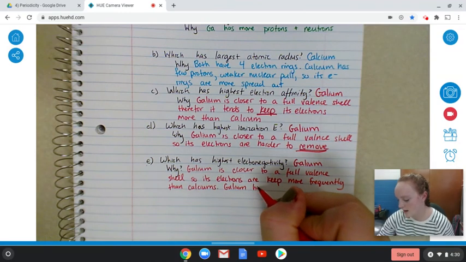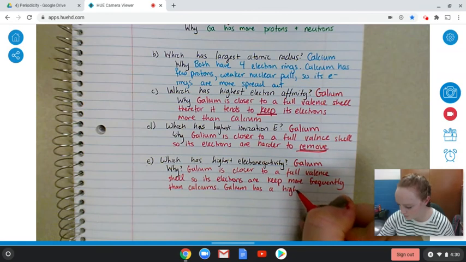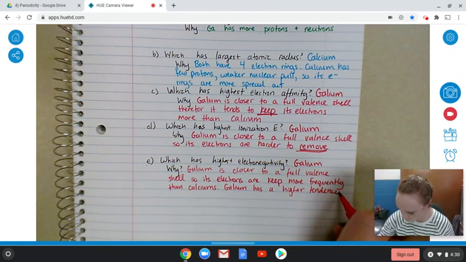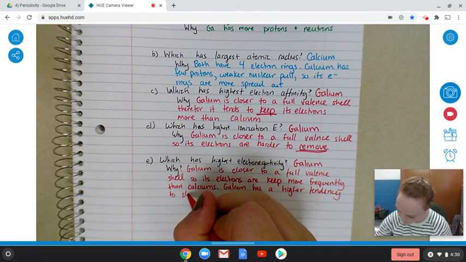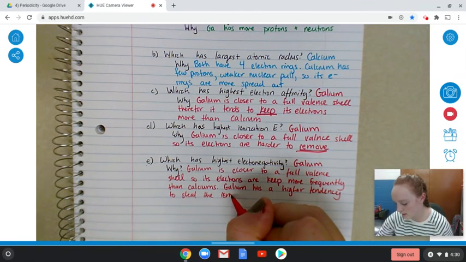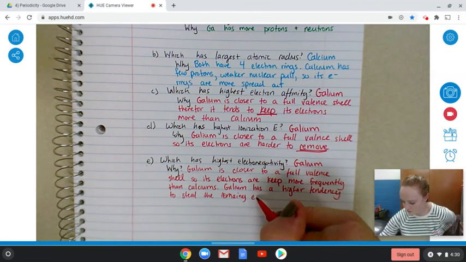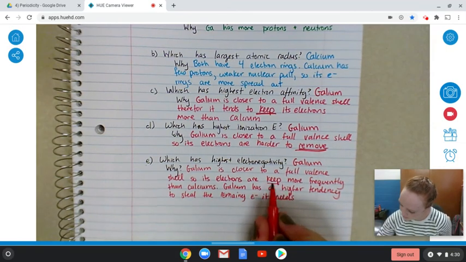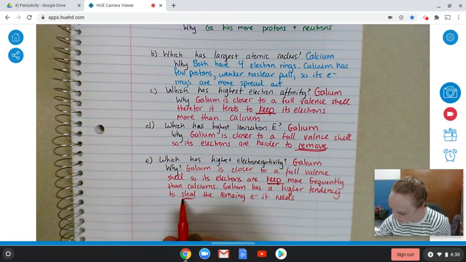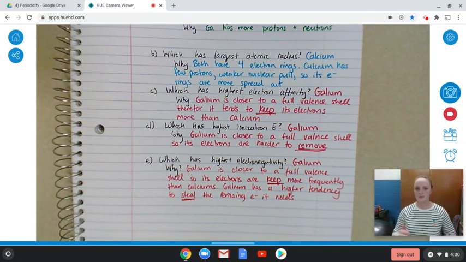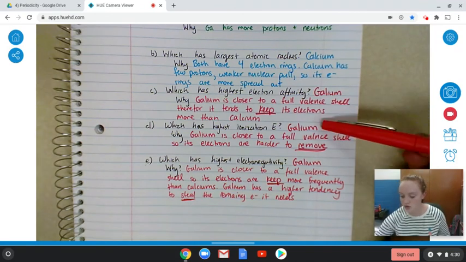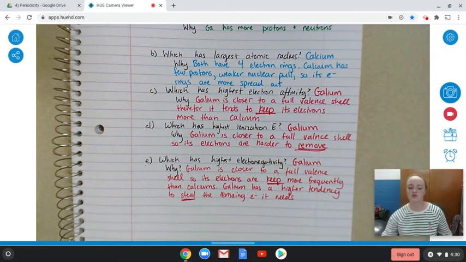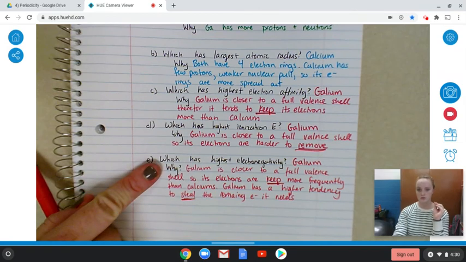Gallium has a higher tendency to steal the remaining electrons it needs. So higher tendency to keep, higher tendency to steal, because it's closer to that full valence shell. So the answer doesn't change unless there's a noble gas in the mix. The answer doesn't change, the logic changes. So you've got to make sure you're tying the right buzzword to the term.